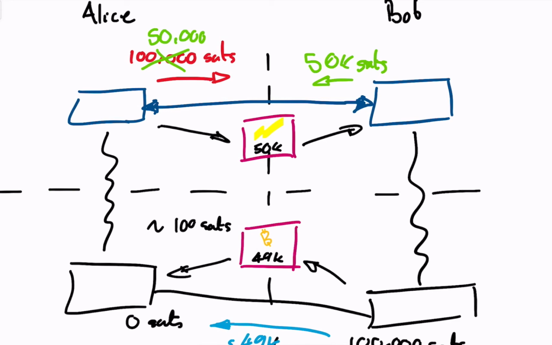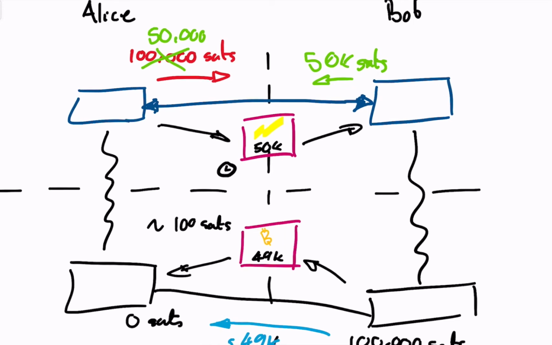Now think of these as a lock box having two separate locks. So one is a time lock. Let's say for the originator Alice, she says, I'm going to give it a 5-hour time lock, so if in 5 hours Bob hasn't claimed this, I get my 50,000 Satoshis back.